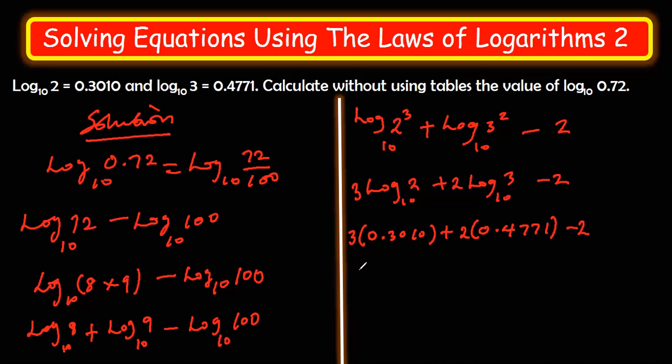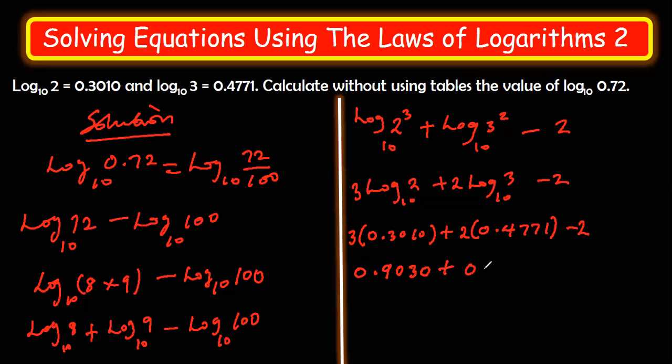Then this is going to be 2 times 0.4771, which is 0.9542. Am I correct? Yes.